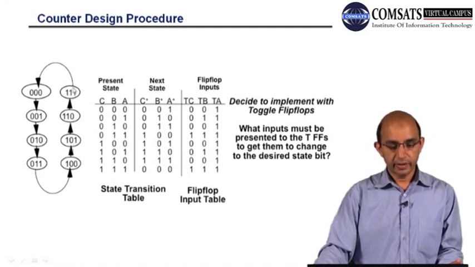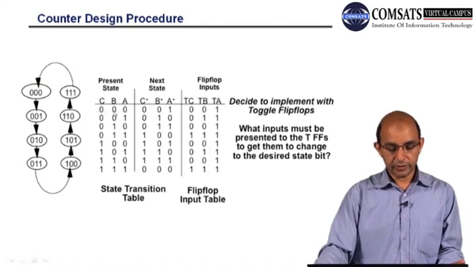And after that, you can see that we have moved to the 0 0 0 state. So everything has been reset, and we have started counting again. This is the maximum count that this counter can do.